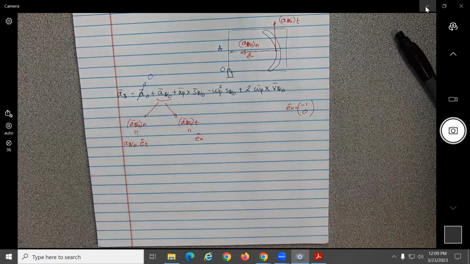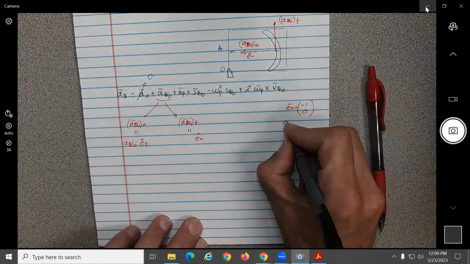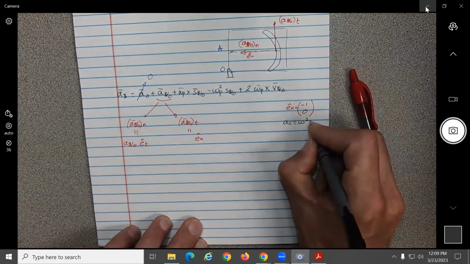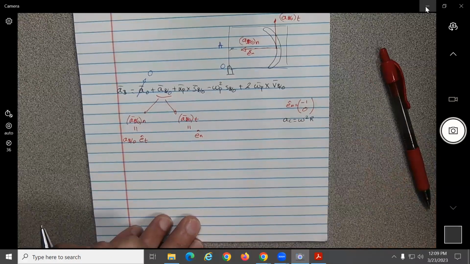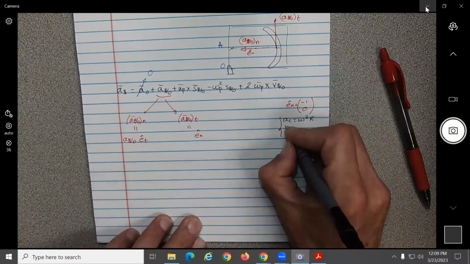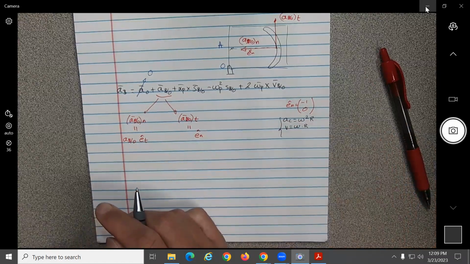Now, what is the magnitude? This should be an angular velocity going in, correct? Sorry, a normal or centripetal. What is the general expression for centripetal? Omega squared R, but we also know that V equals omega R, no?